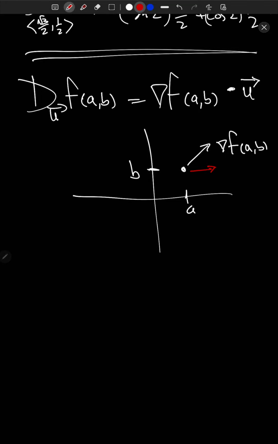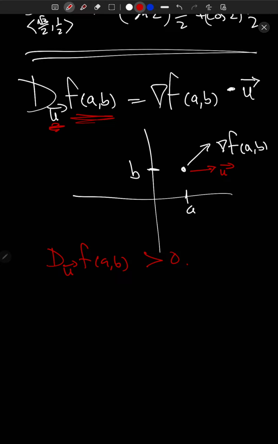What do we know about the directional derivative of the function f in the direction u? Well, without even knowing any numbers, without knowing the formula for f, I can immediately tell you that the directional derivative of f in the direction u at the point (a, b) is going to be positive. All right, so if this is u, then D_u f at (a, b) is going to be positive.